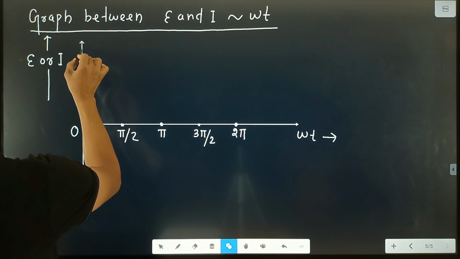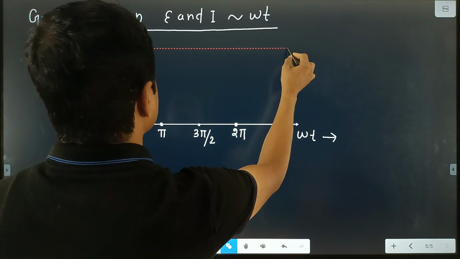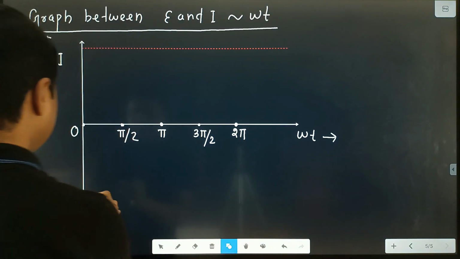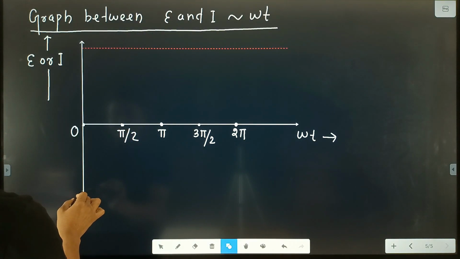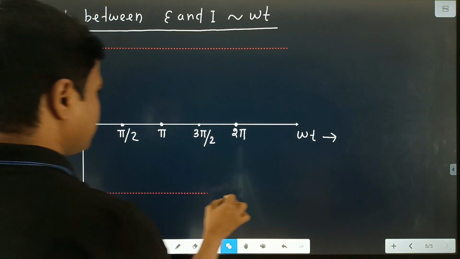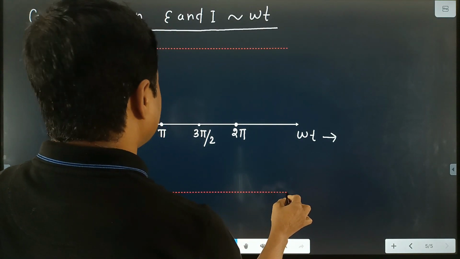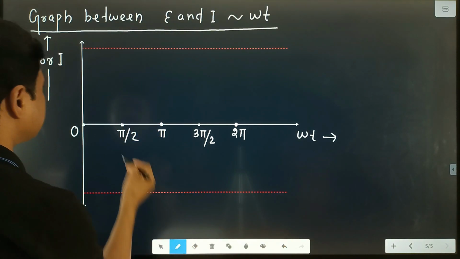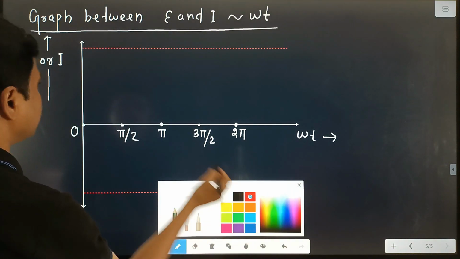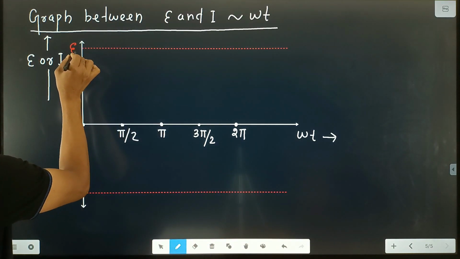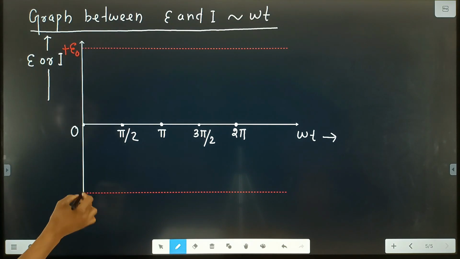First we draw the graph for the EMF. Suppose this line is the maximum value or peak value of the EMF in the positive side. And in the negative side, suppose this one is the maximum value or peak value. For the maximum value of the EMF, here we write plus E0, here we write minus E0.